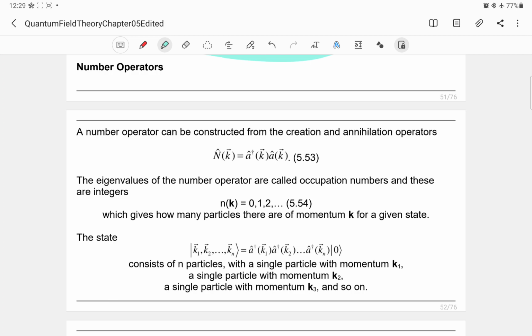So in this case, a number operator can be constructed from a adjoint and a.